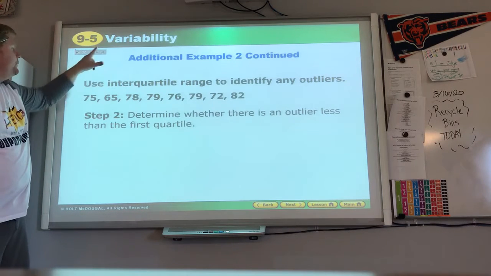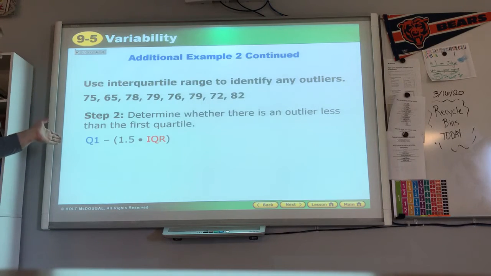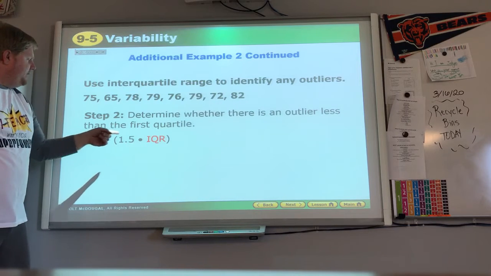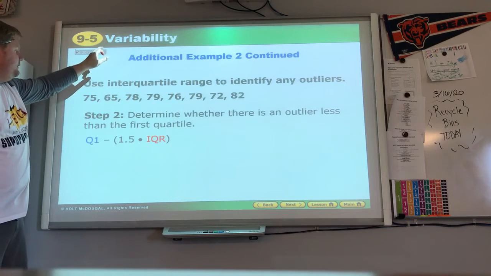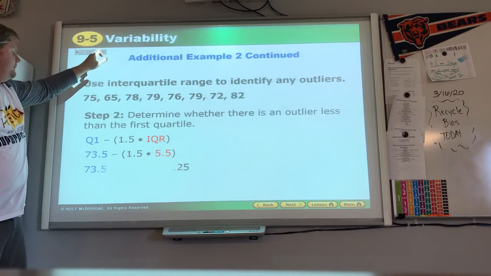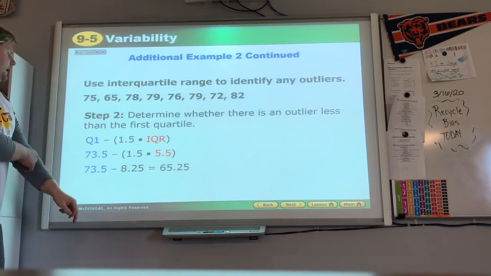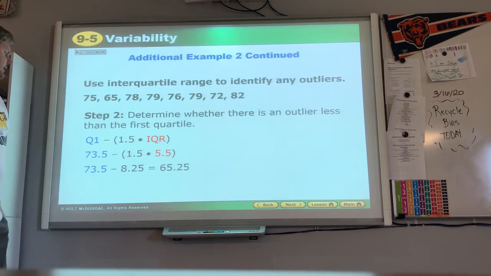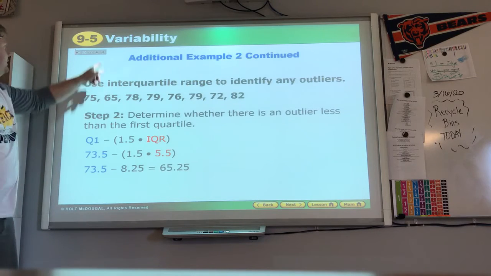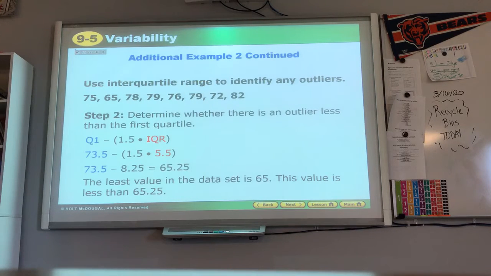So this is where we use quartile 1 minus 1.5 times interquartile range. Okay. 8.25, we subtract that, 65.25. 65 is less than that.